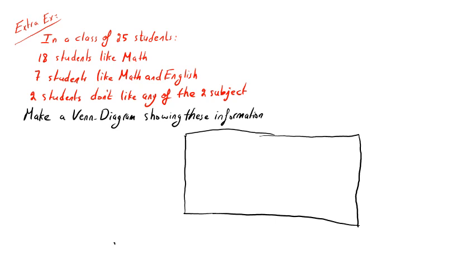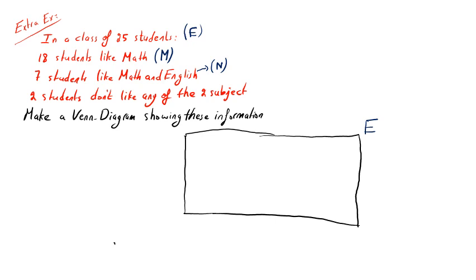First, in a class of 25 students, suppose E is the universal set, which is the biggest set. 18 students like math, it is set M, and 7 students like math and English. English is N, and 2 students don't like any of the 2 subjects.